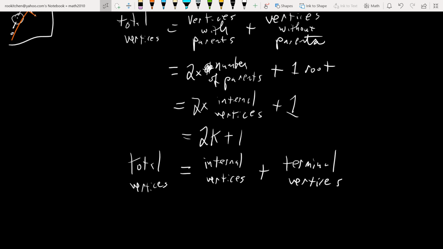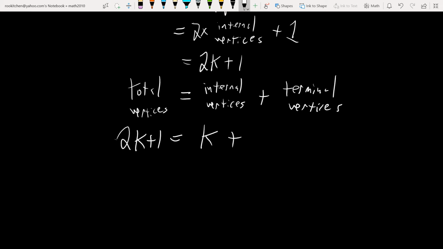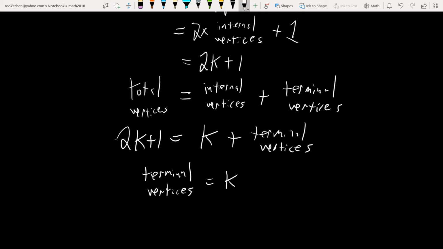So the total number of vertices from the previous work is 2k plus 1. We're given the number of internal vertices to be k, and we just want to figure out the number of terminal vertices. So it's an unknown that we can solve for here, and if you subtract k from both sides, you get the number of terminal vertices to be k plus 1. So no big deal there.